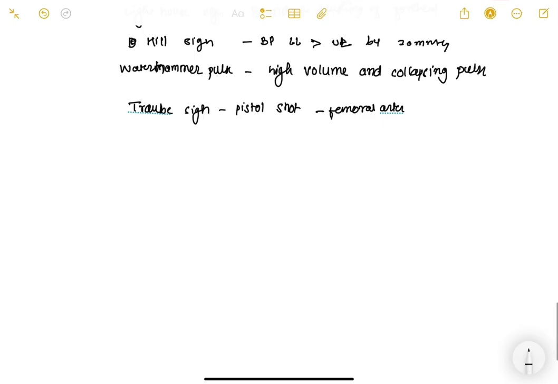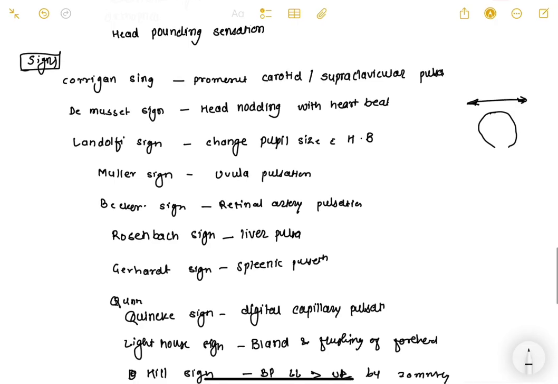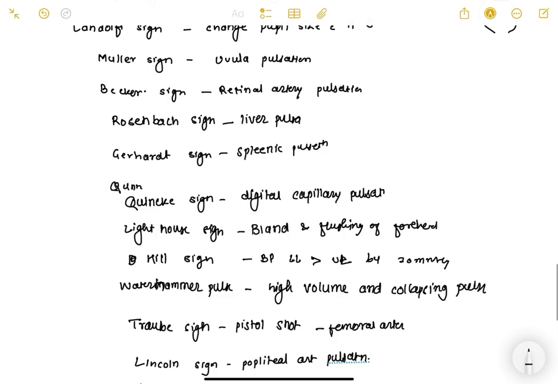Then there is Lincoln sign, it's a popliteal artery pulsation. And there is a Sherman sign, pulsation at dorsalis pedis. So these are the list of signs that you can remember for aortic regurgitation.